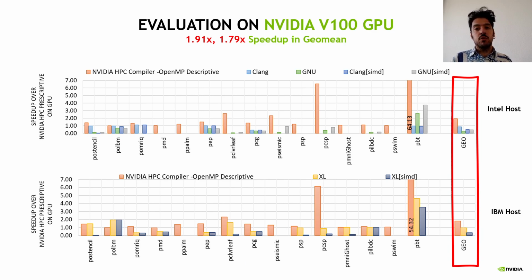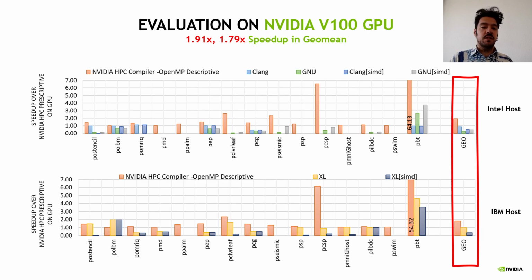They all run on the GPU, and this is a speedup graph, so higher is better. Looking at the geometric mean speedup, we see 91% speedup on Intel and 79% speedup on the IBM host. In other words, our model first makes it easier to write code, and then it increases the performance.